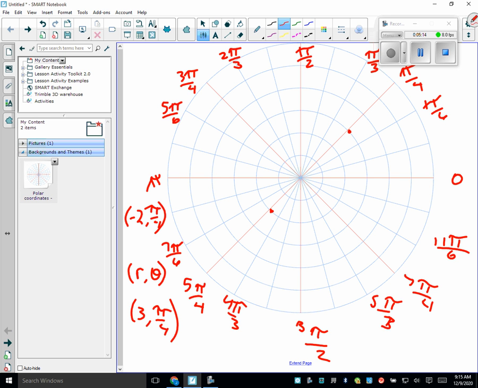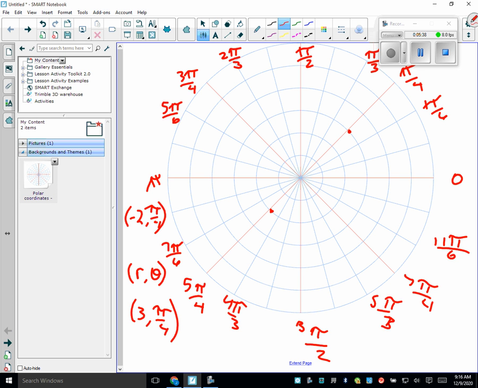So there are several points. Every point on the graph, I can name it more than one way. But there's only 2 ways, right? Not more than 2. Well, could I have named it negative 2, 3 pi over 4?